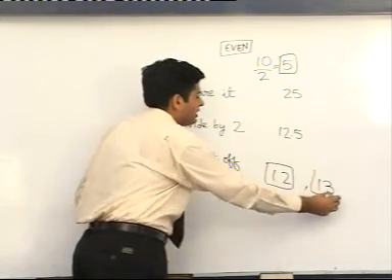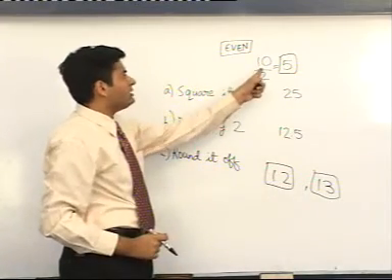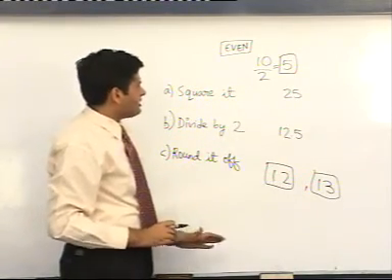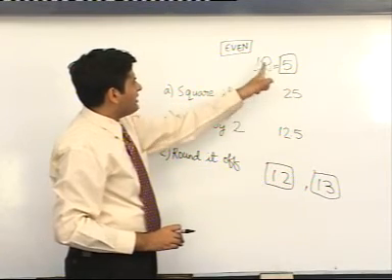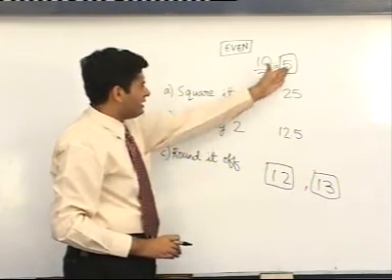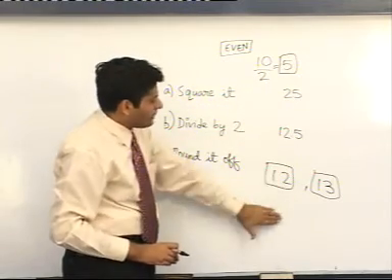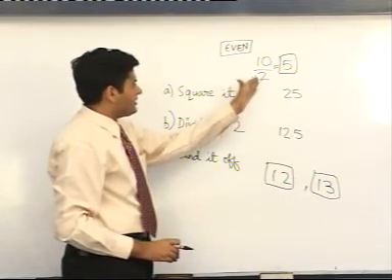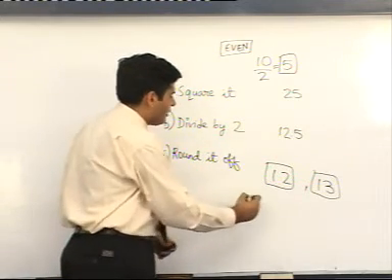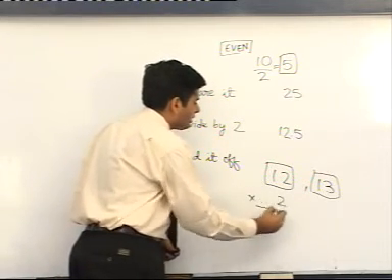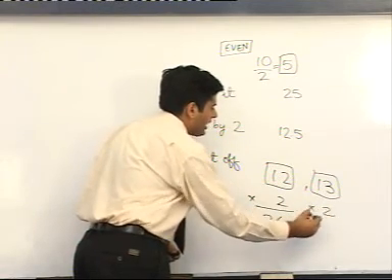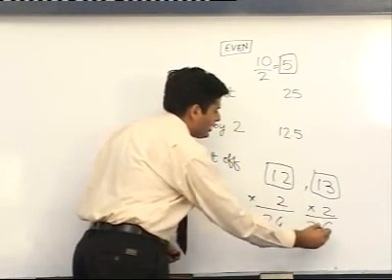But we want a triplet whose one value is 10. So we do the reciprocal procedure. Since 5 is obtained by dividing 10 by 2, so now we multiply by 2. 12 multiplied by 2 is 24 and 13 multiplied by 2 is 26.